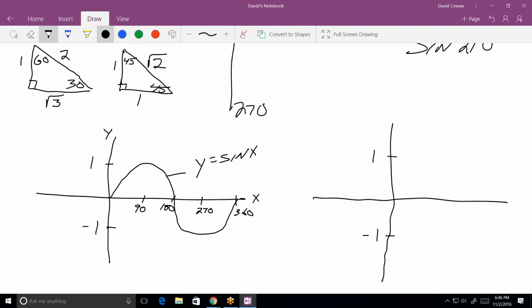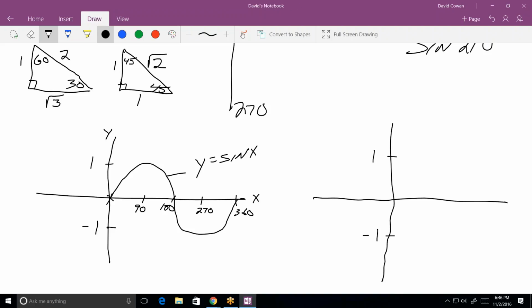At 90, what's y? Would it be 1? Uh-huh. What's the sine of 0? It would be 0. In other words, the sine of 0 is this point right here.